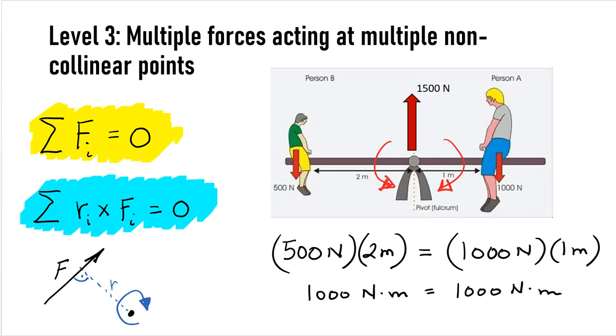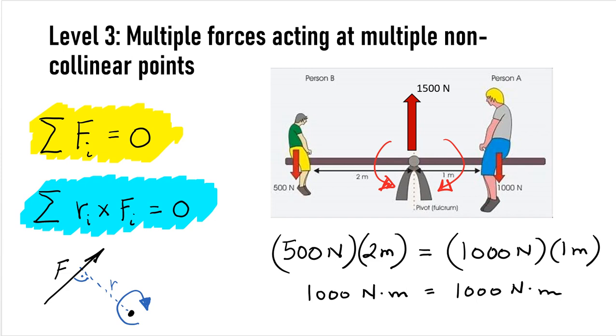And so they are in equilibrium. Notice that regardless of their position, the sum of forces will always be 0, but the sum of moments not necessarily, unless they are at specific points that generate 0 total torque.